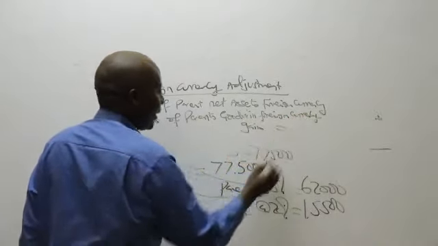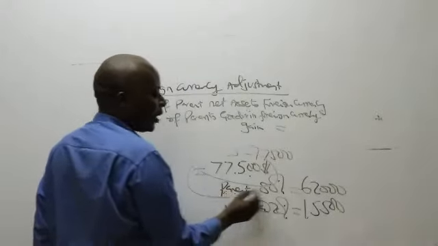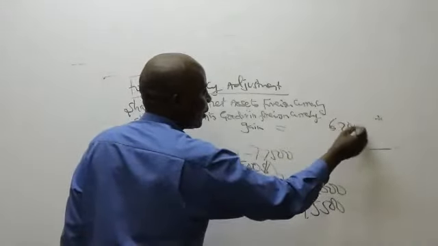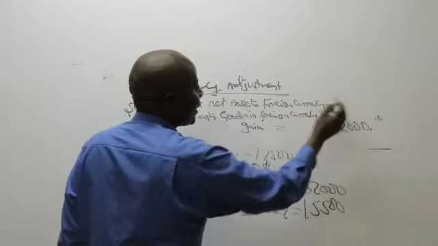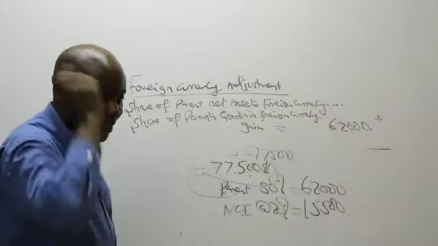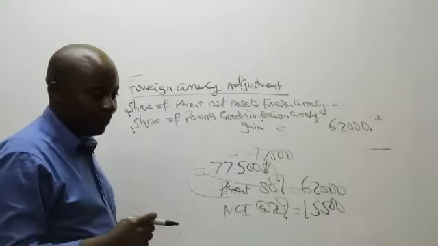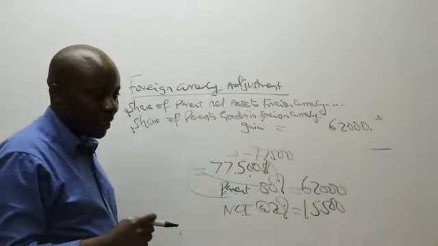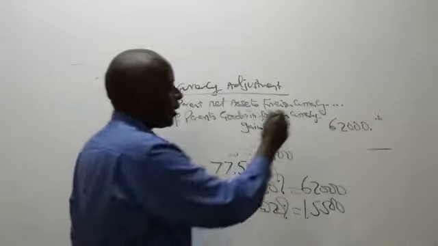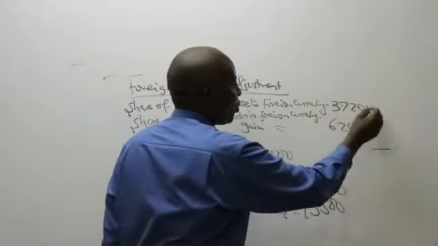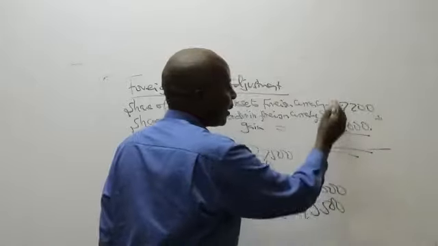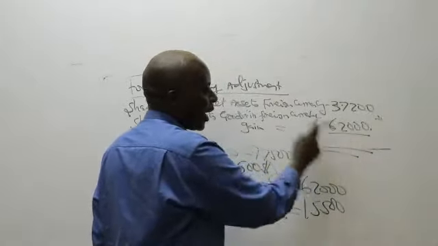This is the one you told me, the goodwill foreign currency gain, 62,000. I have forgotten the parent's one. How much was it, somebody? 37,200. So could you kindly go there and add? Or rather, first of all, give me the total here.